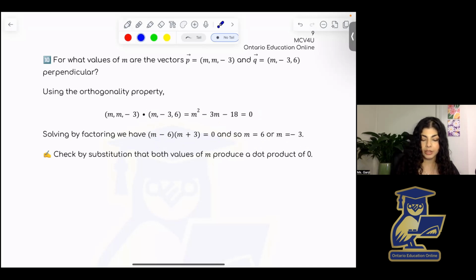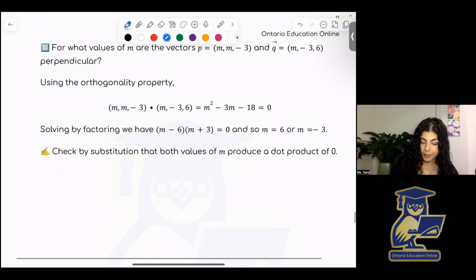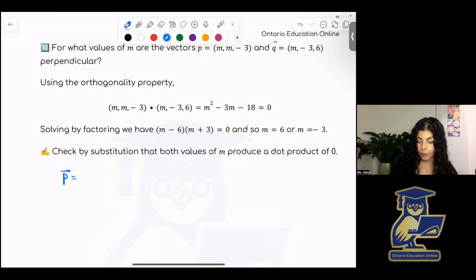And I really suggest here you do try this for yourself. But for example, if m is 6, then p is 6, 6, -3, and q will be 6, -3, and 6.